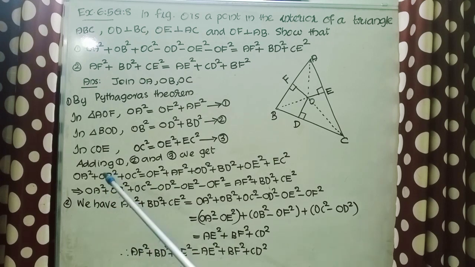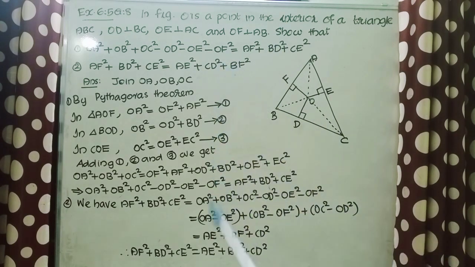We get OA square plus OB square plus OC square minus OD square minus OE square minus OF square equal to the remaining AF square plus BD square plus CE square. That is our first result.